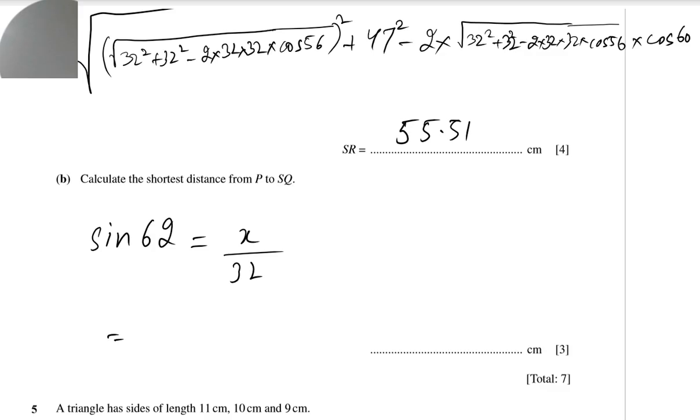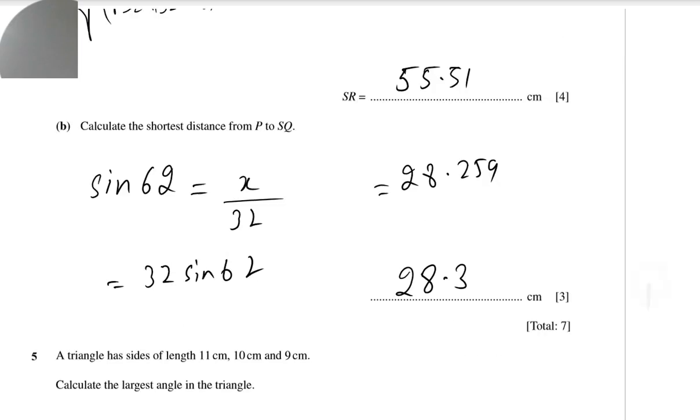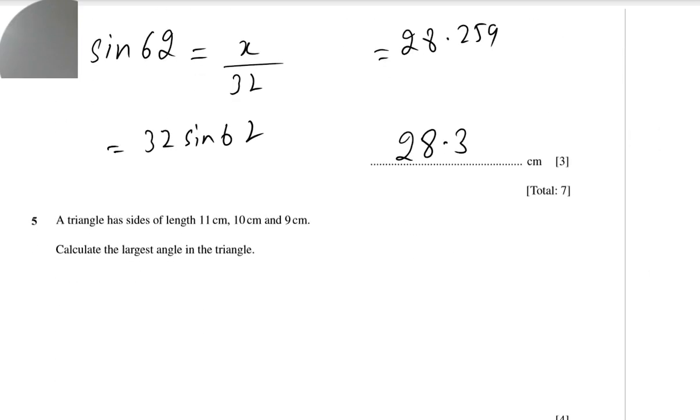So it will be 32 sine 62, which is 28.2 or 28.3. The actual answer is 28.254, so I can use 28.3 for three significant figures.